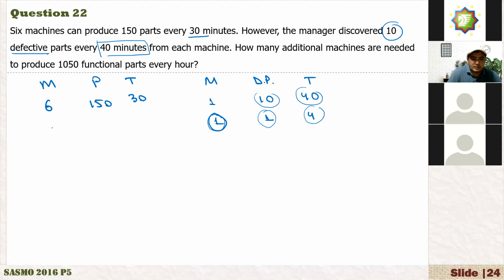Actually, here we have 6 machines. 6 machines can produce 150 parts every 30 minutes. However, the manager discovered 10 defective parts every 40 minutes. So that means that 6 machines, right, every 40 minutes. So in 4 minutes.